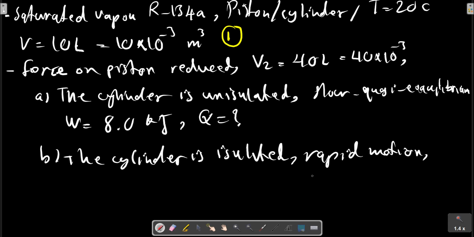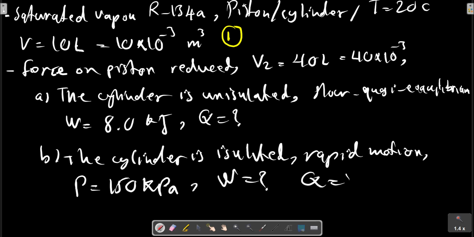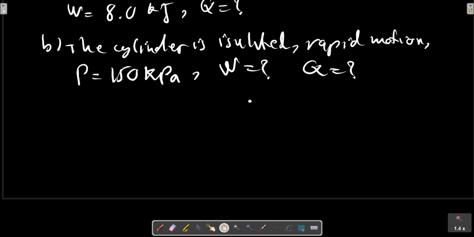The pressure in the cylinder is P2. What are the heat transfer and work for this process? This is problem number 1.